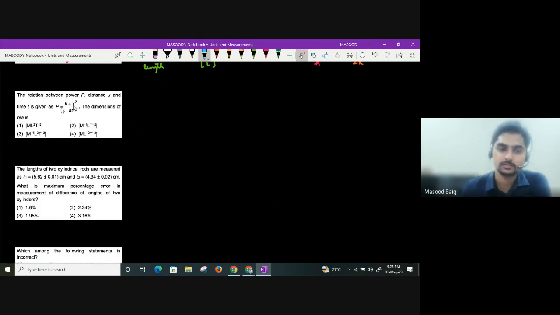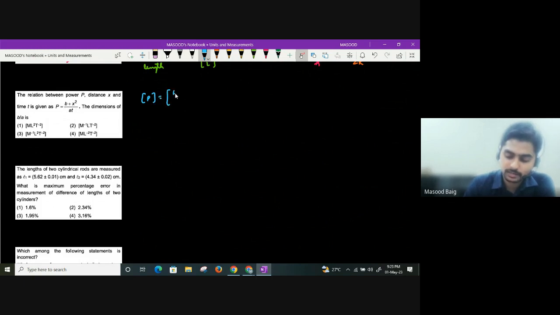This also I think you can do. Same concept again. Dimensions of b and dimensions of x square should be the same. And dimensions of power should be equal to dimensions of (b plus x square) divided by a into t. From there you can find dimensions of b, or it is a direct case, guys.